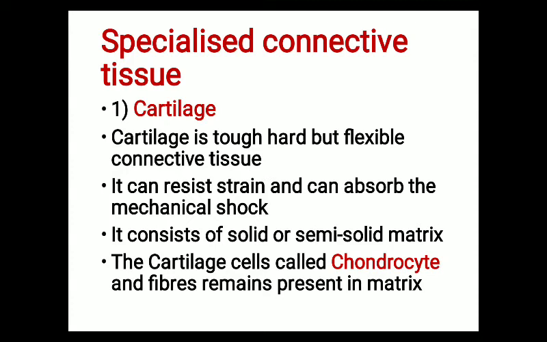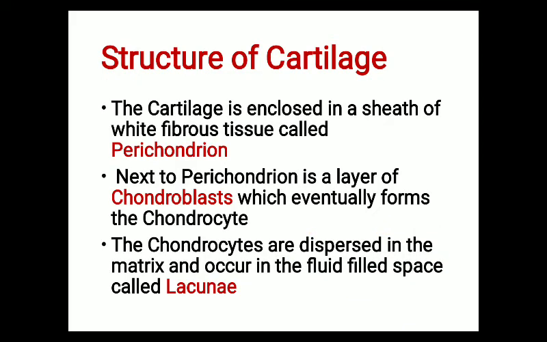This is a very important point: the cells present in cartilage are known as chondrocytes. Now come to the structure of cartilage. The cartilage is enclosed in a sheath of white fibrous tissue called perichondrium. Next to the perichondrium is a layer of chondroblasts, which eventually form the cartilage cells called chondrocytes.